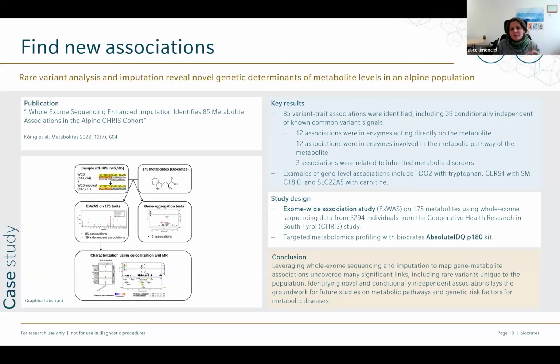Here we have an example of a cohort with, I can't remember, a bit over 3,000 individuals. Exome-wide sequencing was performed, and metabolomics was measured with the AbsoluteIDQ p180 kit. This is just a typical example of finding associations you just wouldn't find by using the genomics alone or the epigenomics alone.